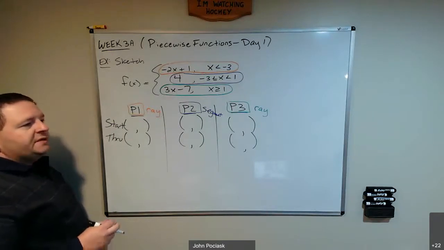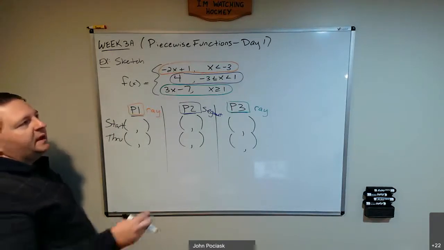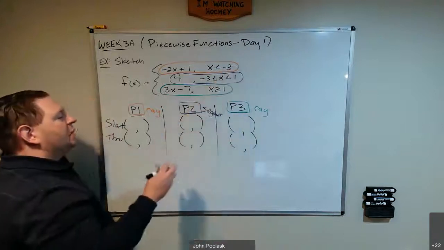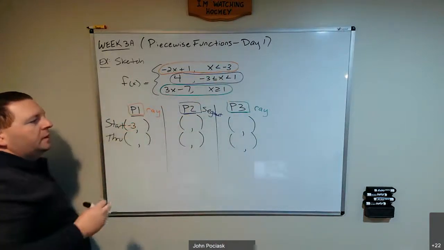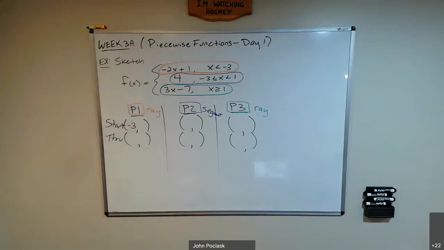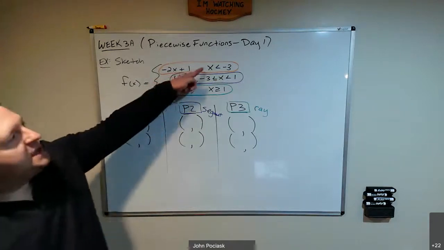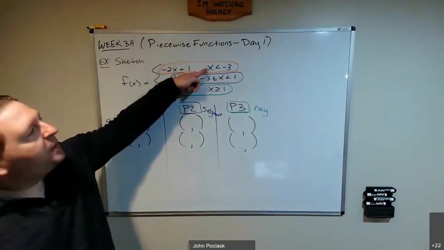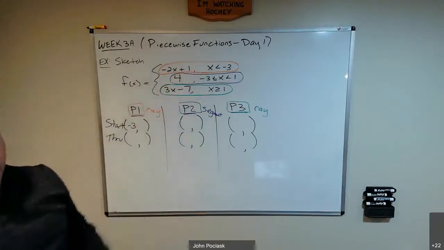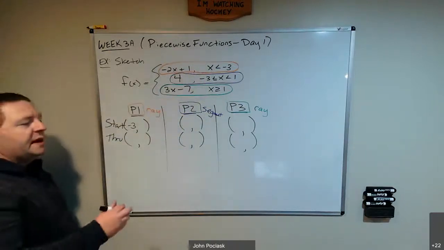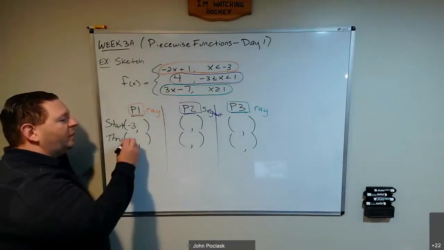Now, it starts at the number that they gave you. They gave me the number negative 3 for piece 1. You have to pick a through point. So you have to pick another number that satisfies this inequality. So another number that is less than negative 3. I would choose the next integer over, which would be negative 4.